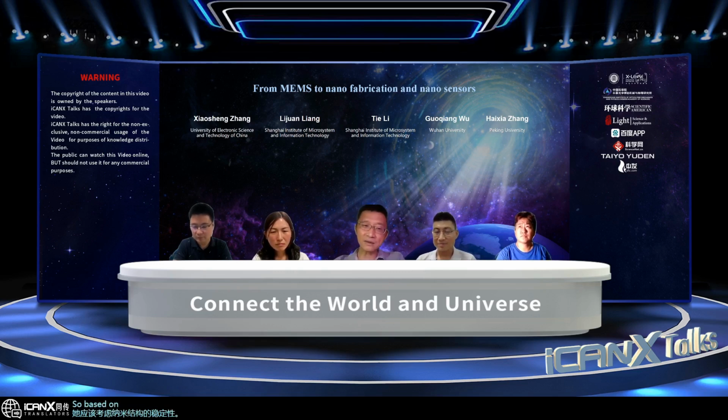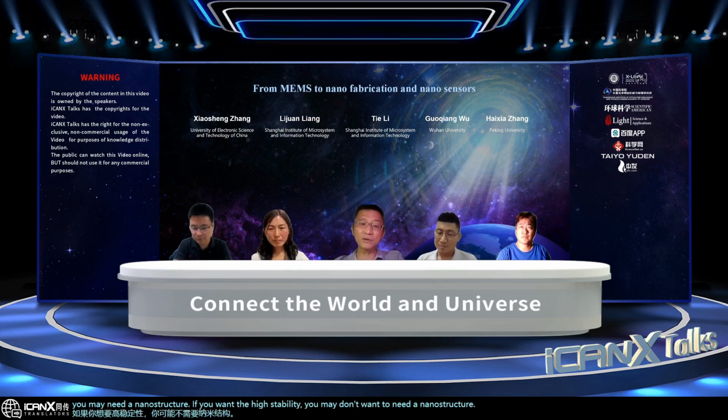So if you want high sensitivity, you may need a nanostructure. If you want high stability, you may not want a nanostructure. But if you have good production of the nanostructure, you may have stability also.